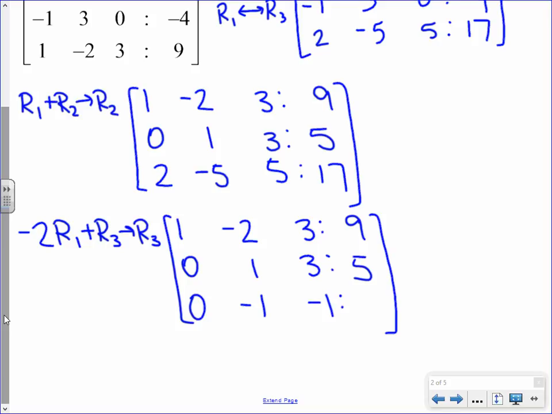And then -2 times 9 plus 17. Do you agree with 0, -1, -1, -1? Not very exciting, but that's what happened. Questions on how we're getting those numbers? We're following along okay?